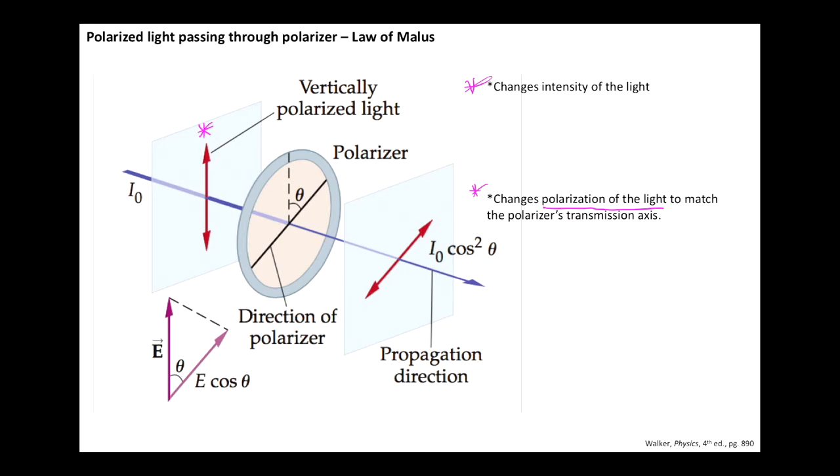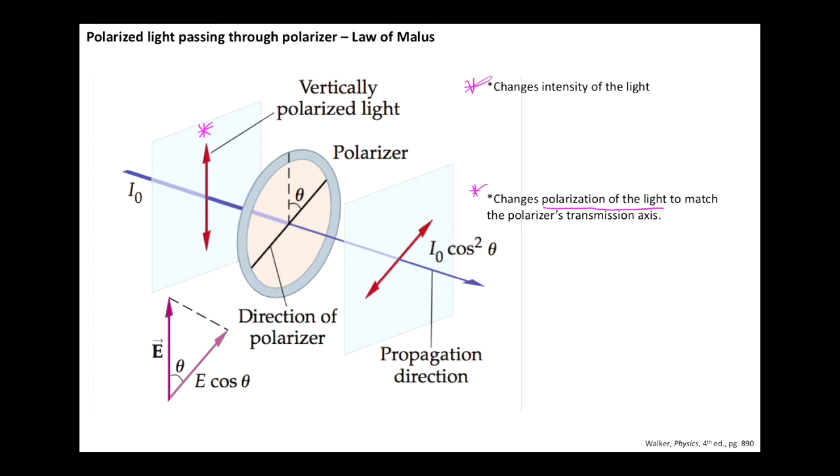If you imagine that even the vertically polarized light could be split into two components, one of those components matching the direction of the polarizer, it's only that component that can get through, which leaves me with polarized light in that direction. There's just less of it because one component is now gone, okay?